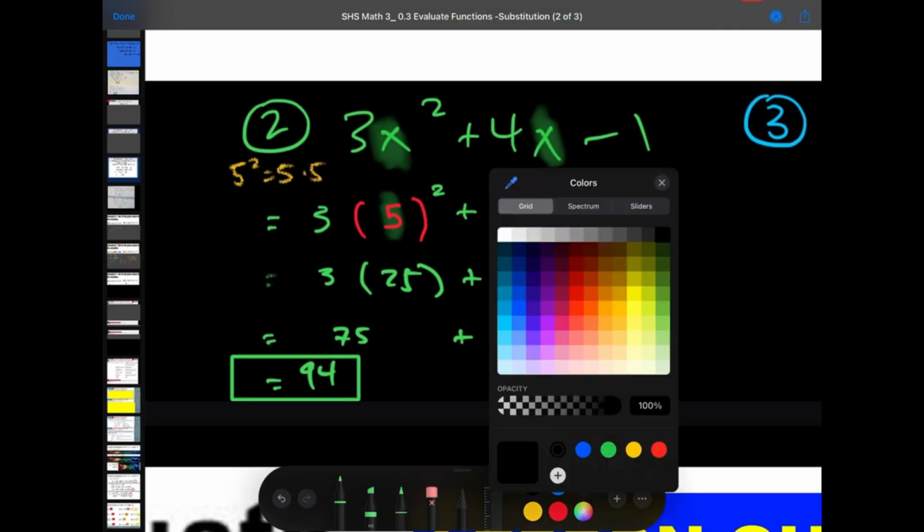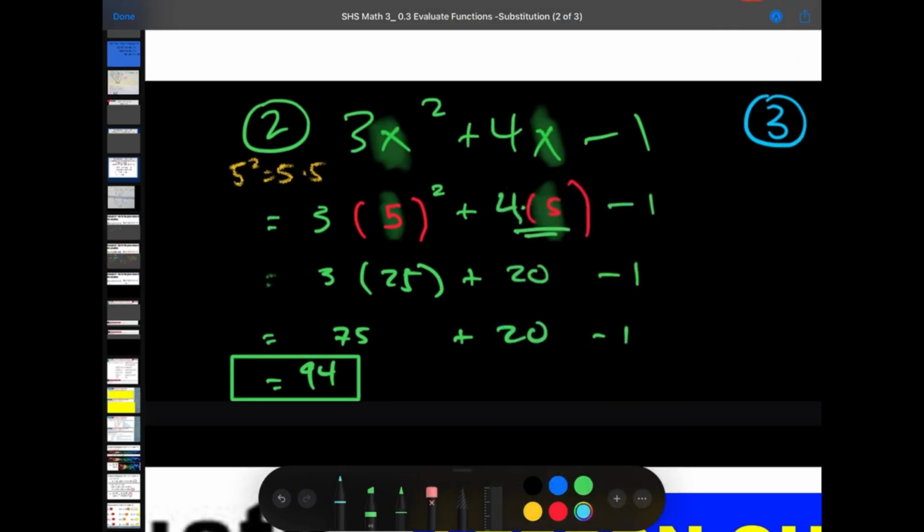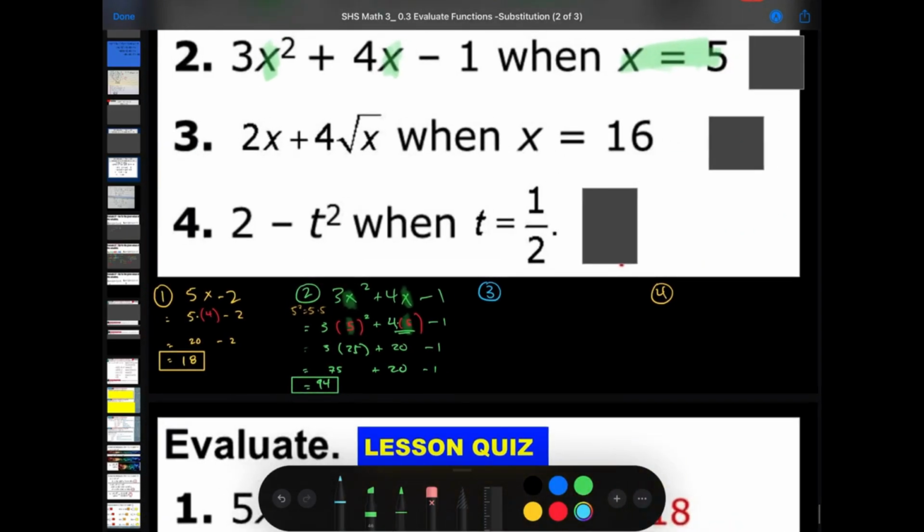All right, question number 3. What do we got? 2x plus 4 times the square root of x. Every x value is 16, so I'm going to put in 16 here.